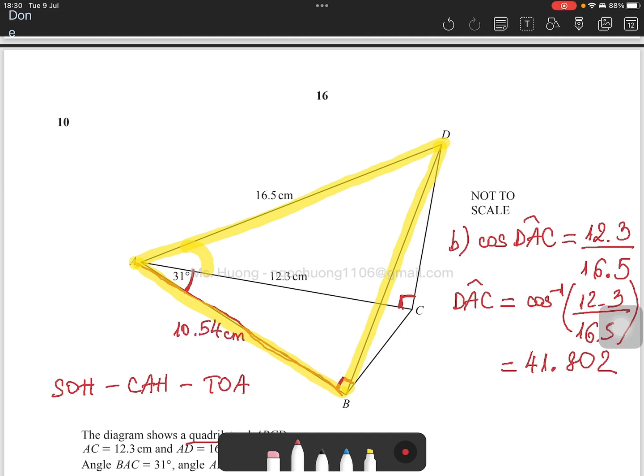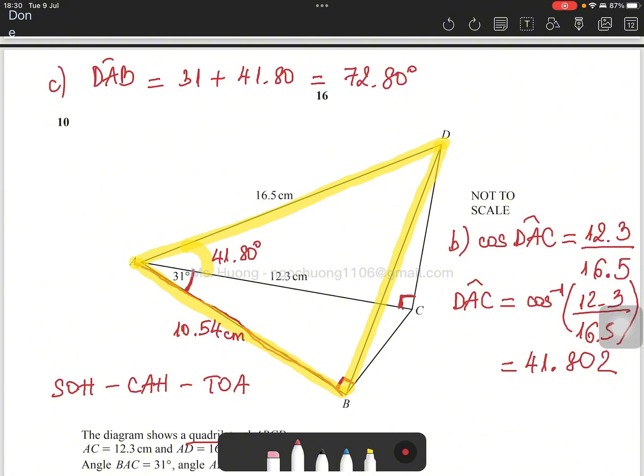And from question B, we know that the angle DAC is 41.80 degrees. So we can find the angle DAB. The angle DAB is equal to 31 plus 41.80 equals 72.80 degrees.